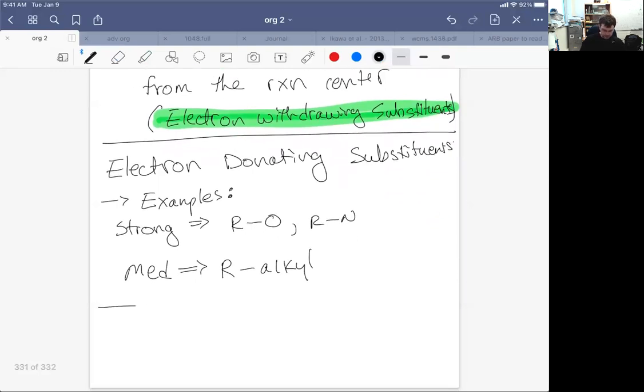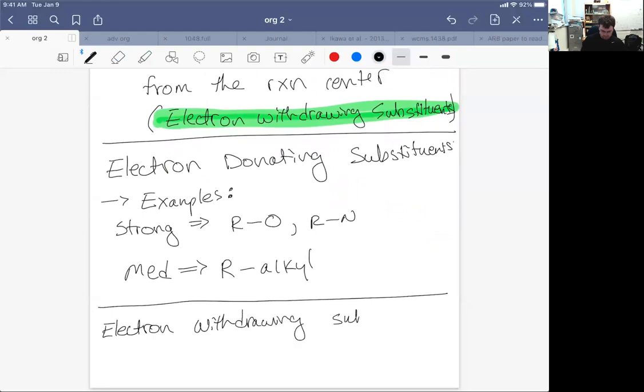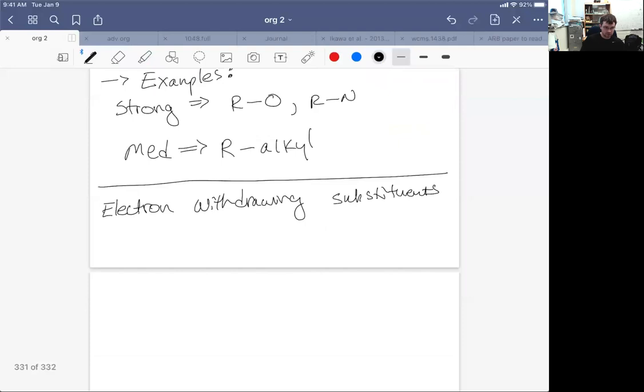And then if we wanted to look at electron withdrawing substituents, and we want to focus on those examples, we again have strong and medium examples.